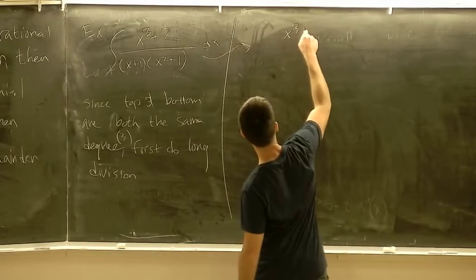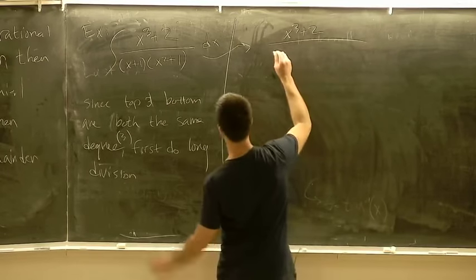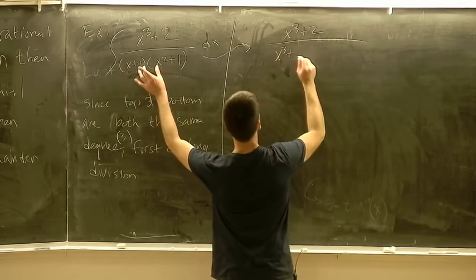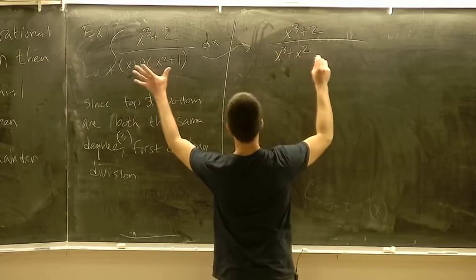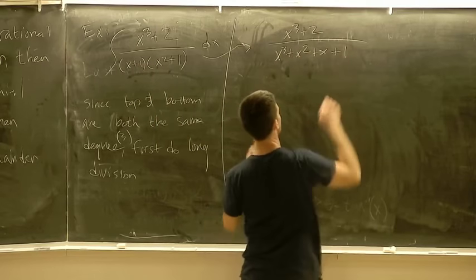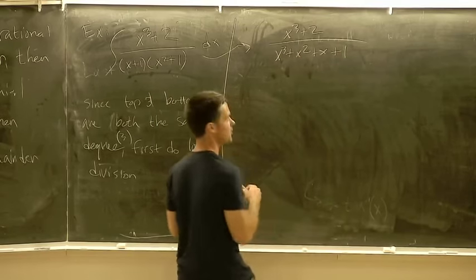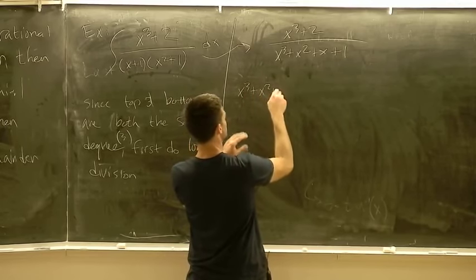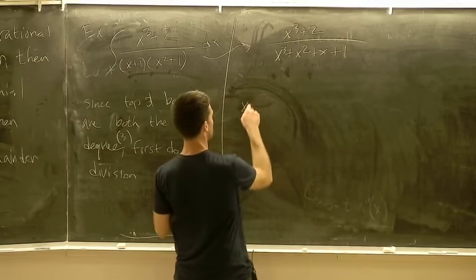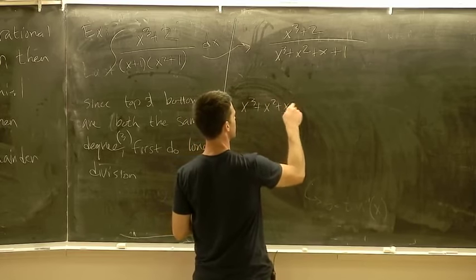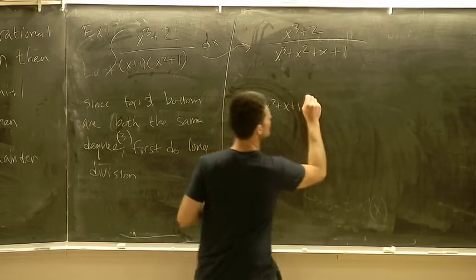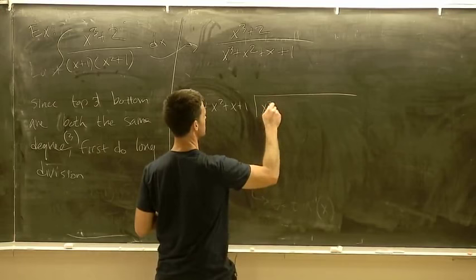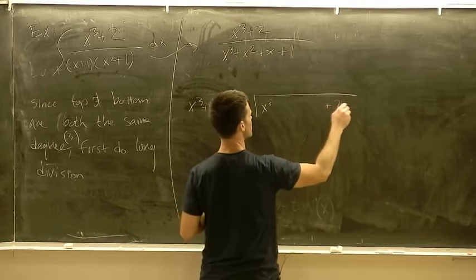So this thing is x to the third plus 2 over, if I multiply this out, I get x cubed plus x squared plus x plus 1. So the way long division works is we're going to write x cubed plus x squared plus x plus 1, and then put the numerator under the box, which is x to the third plus 2.